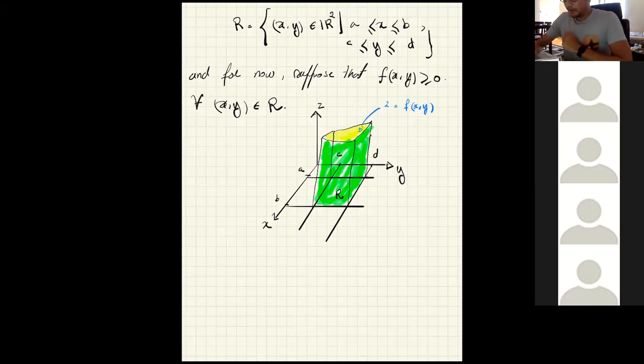So what's the idea? The idea is the same thing. We're going to divide this rectangle and consider columns instead of rectangles.